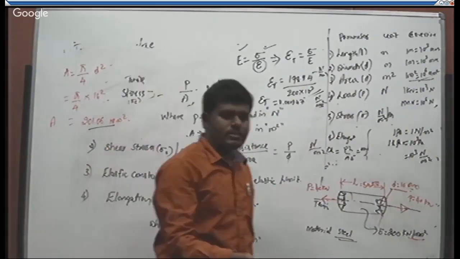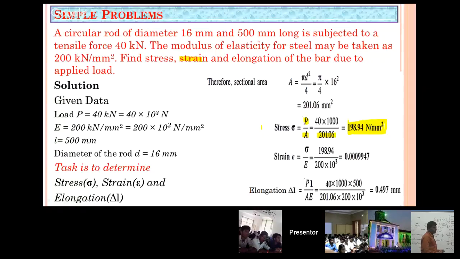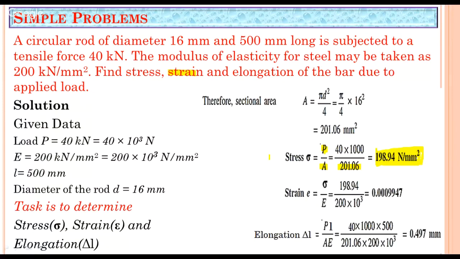Okay. The next parameter we have to calculate is the elongation. So it is given by the direct formula PL by AE. So we know all the values. P the load we know, L is the length of the rod, A is the area of the cross section, and E is the Young's modulus.